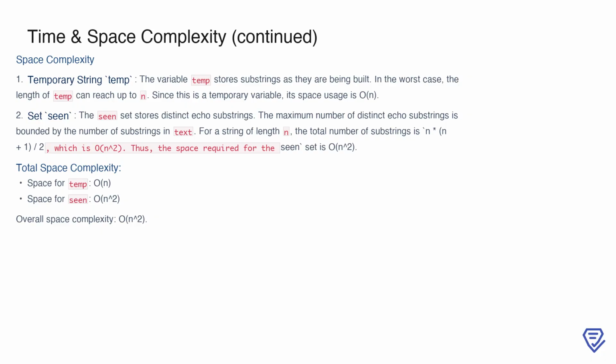The maximum number of distinct substrings in a string of length n is n*(n+1)/2, which expands to O(n squared). Since the seen set stores these substrings, its space usage is also O(n squared). Adding these two contributions together, we find that the overall space complexity of the solution is dominated by the seen set, resulting in a total of O(n squared). This gives us a clear understanding of the memory requirements for the algorithm.